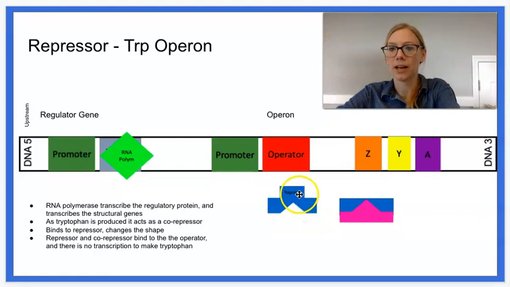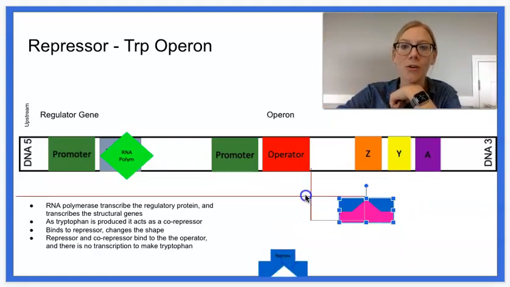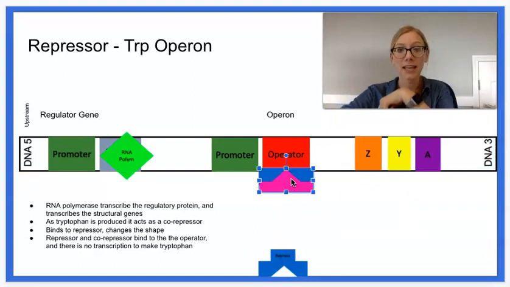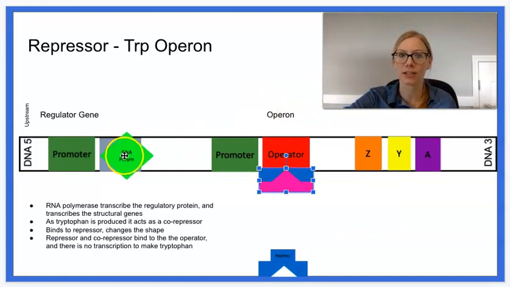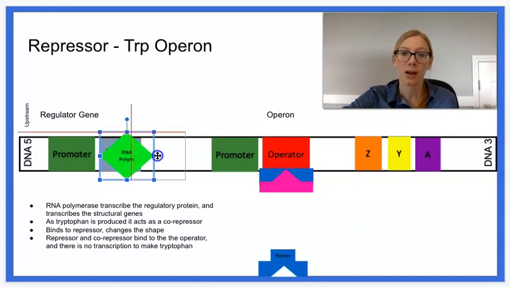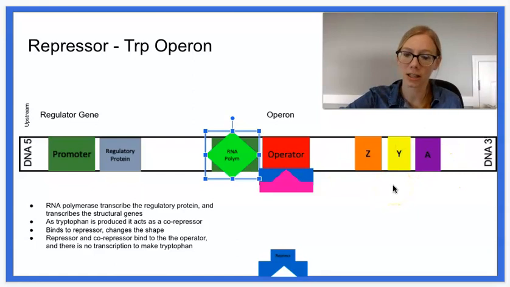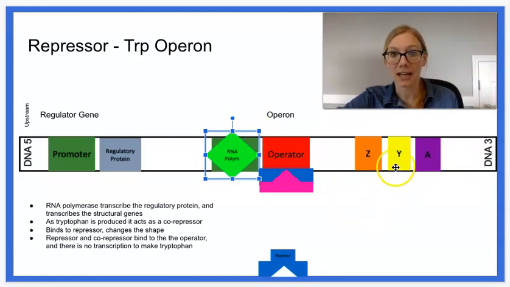What happens? Well, there's a magical shape change. And now my repressor and my co-repressor can bind to my operator site. So now when I reach my promoter, it's like hitting a wall. I can no longer transcribe my structural genes down here, meaning I'm no longer making tryptophan.